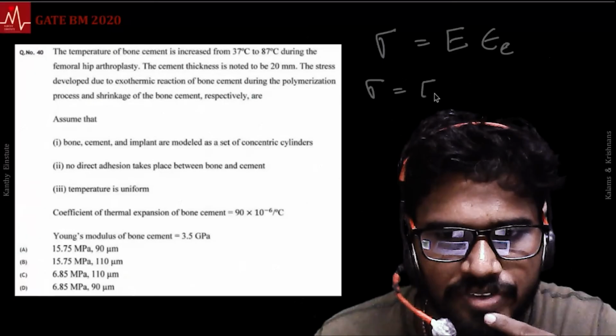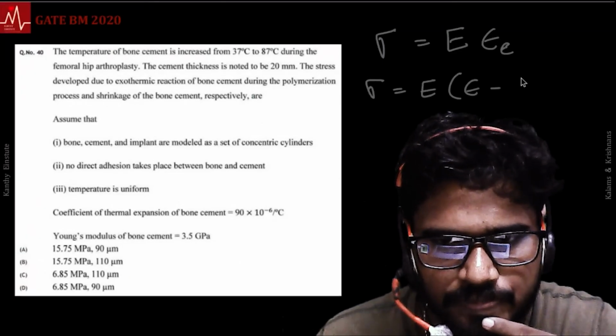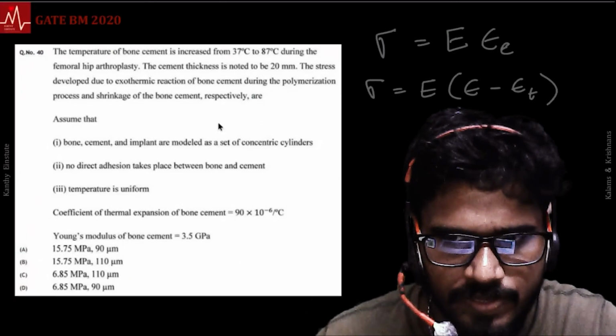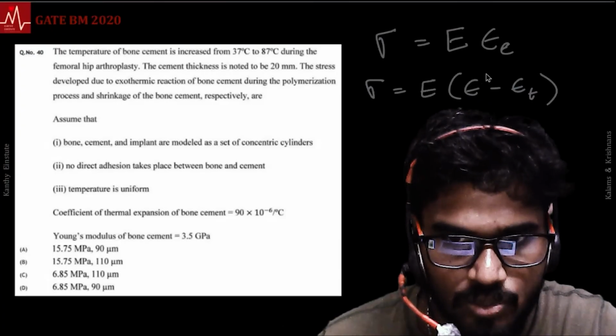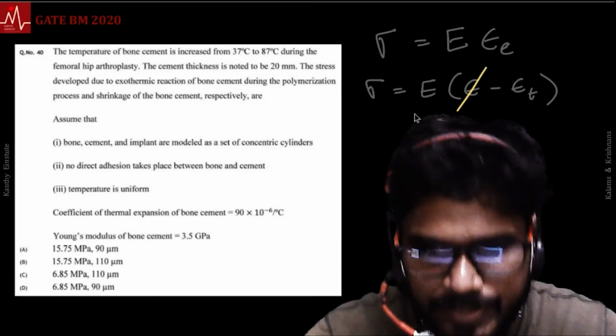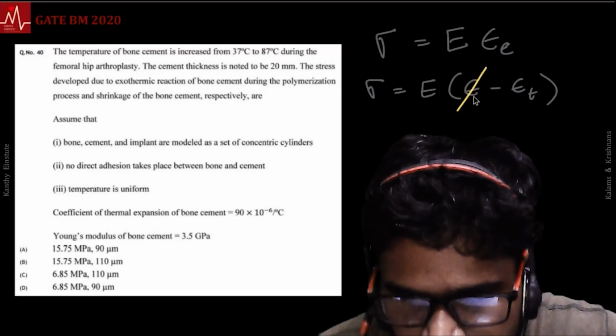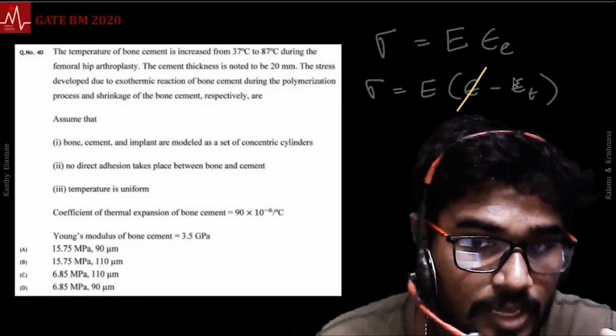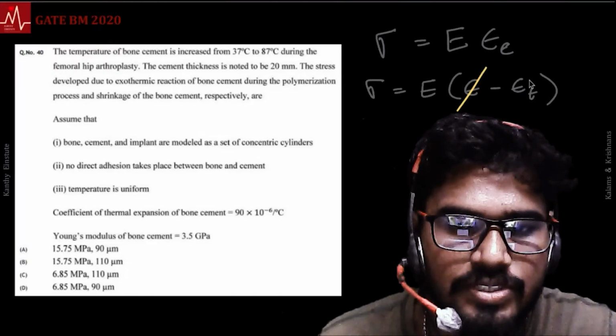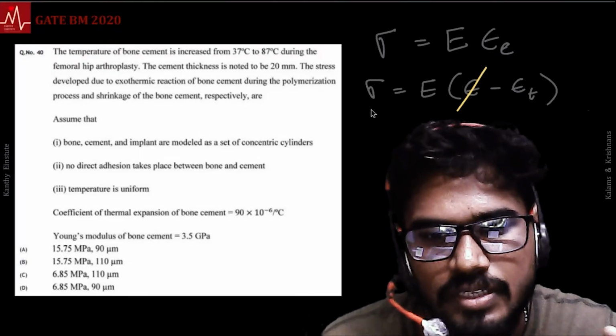Elastic strain is essentially the difference between total strain and thermal strain. And because of the way the cement is sandwiched here, I suppose the total strain is zero. There is thermal strain. Notice total strain is zero, but thermal strain is non-zero, because of which you can have a stress.